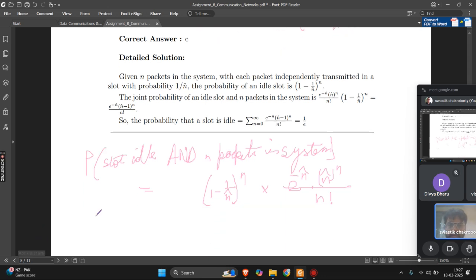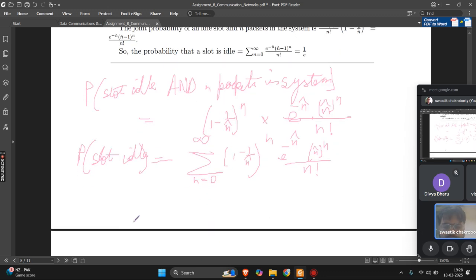So now, what is the probability that the slot is idle? This will simply be the summation of all the probabilities for all the values of number of packets in the system. So it will simply be the summation over the number of packets of the system. So 1 minus 1 by n hat to the power n, e to the power minus n hat, n hat to the power n by n factorial.